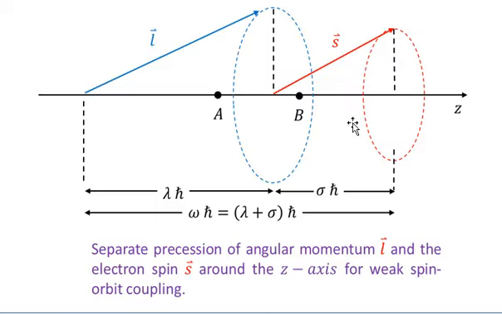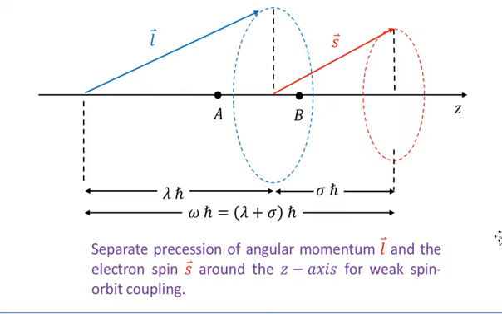So if we want to add the total angular momentum, that is L and S, then of course they will be added by the head to tail rule. That is, their projections will be added by the head to tail rule. So the projections Lz and Sz will be combined together, shown as omega h bar equal to lambda plus sigma times h bar. Separate precession of the angular momentum L and the electron spin angular momentum S around the z-axis for weak spin orbit coupling is shown.